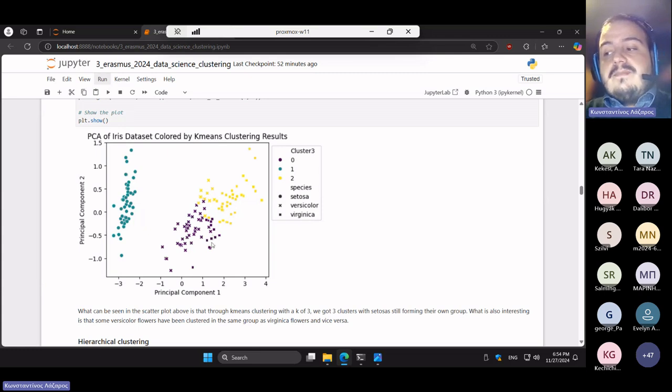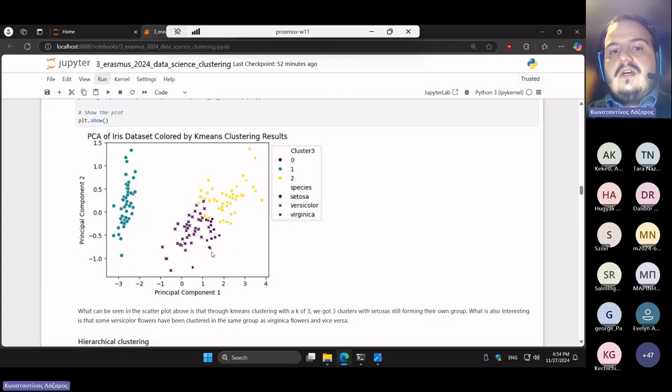That could indicate that although they come from different species, their attributes, their features, the way they look, for example, are actually quite similar. They're very close to each other. And the same thing can be said, for example, for these virginicas right there. You can see my cursor, right?